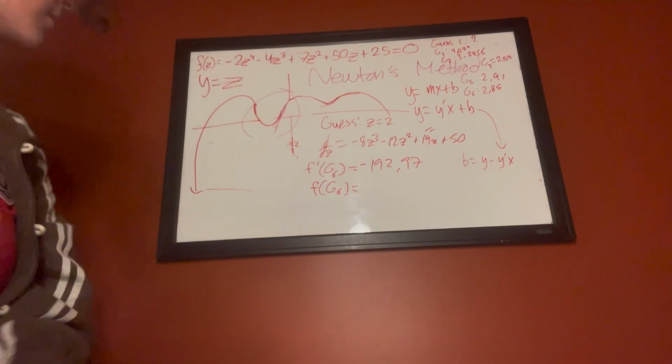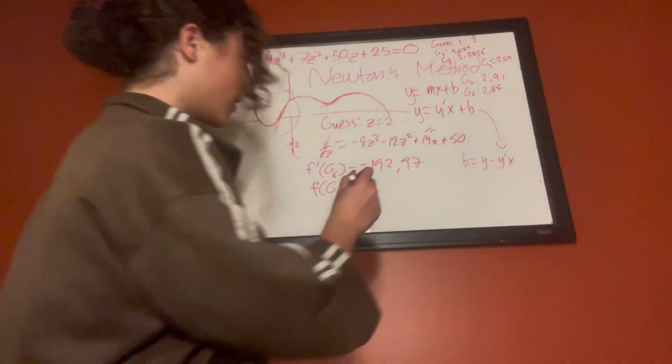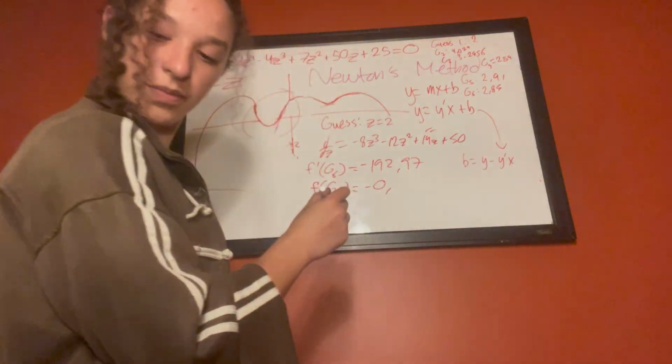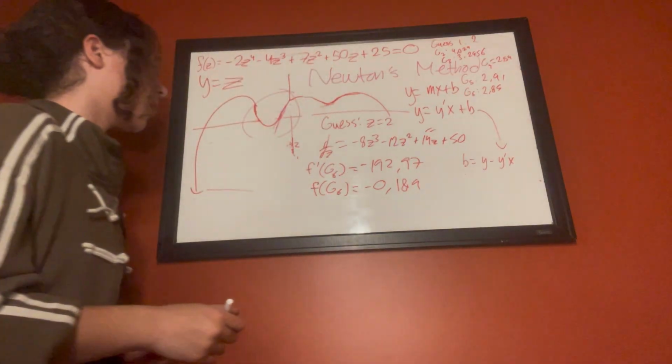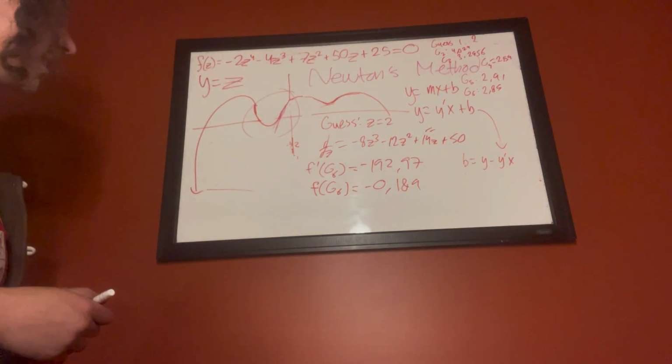Whoa, did I type this wrong? I have f is equal to minus 0.189. Hopefully this just means we're converging.